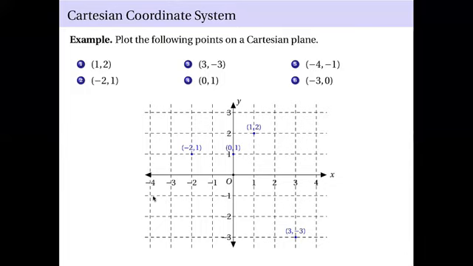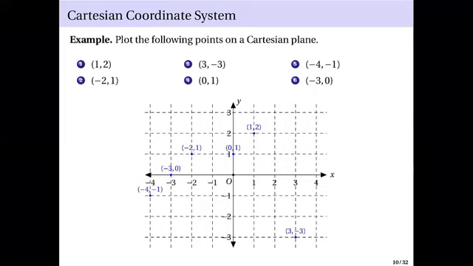So you have this horizontal line and this vertical line. The point of intersection is on this part. So that's the point there, negative 4 comma negative 1. And then here you have negative 3 comma 0. So this is your negative 3 on x, and the y is 0, so you're on the x-axis. So you will have this particular point.